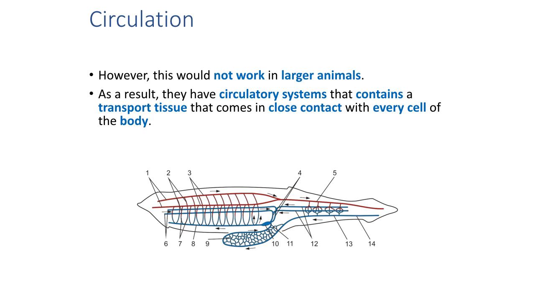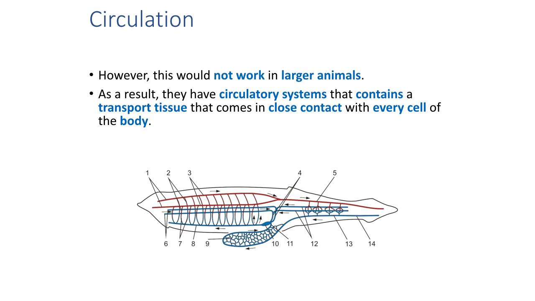But we know this doesn't work in large animals because remember that you can only be a few cell layers thick for diffusion to really be an effective means of getting oxygen or nutrients to all of your body cells. And so what we see is the evolution of circulatory systems that contain some sort of transport tissue.